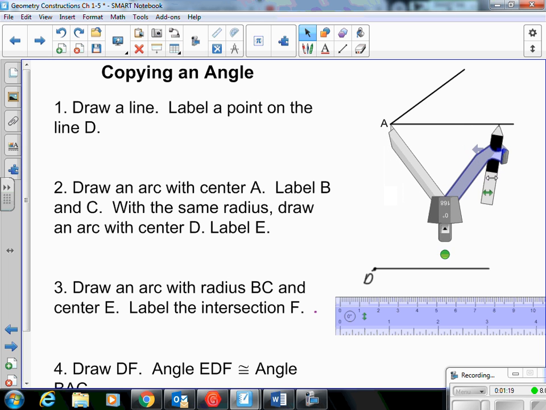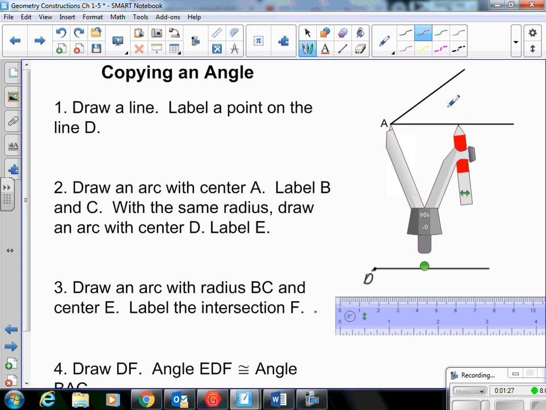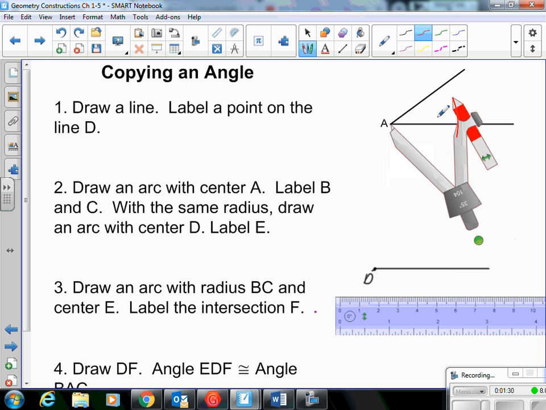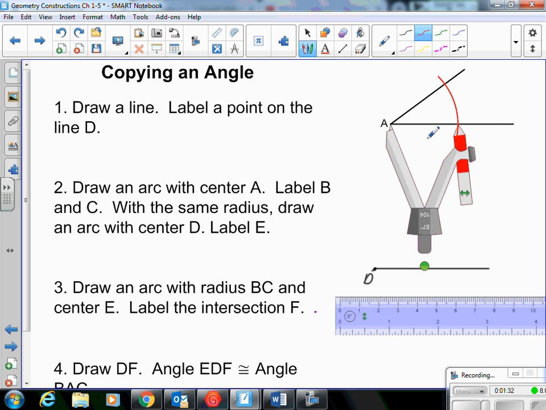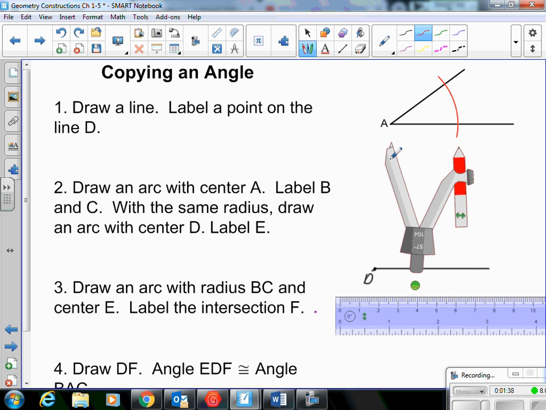It doesn't matter where on here as long as the arc hits both sides of this angle. So like so. And when you draw that arc, after you finish drawing it, don't change your compass setting. All right, leave your compass setting the same.